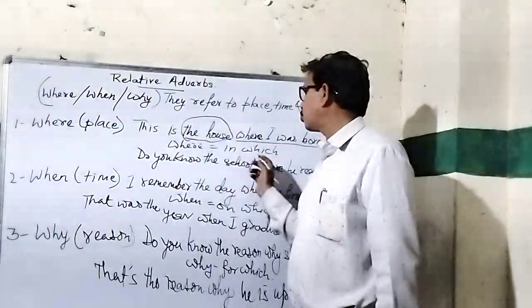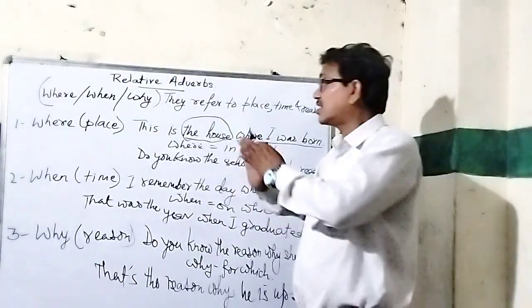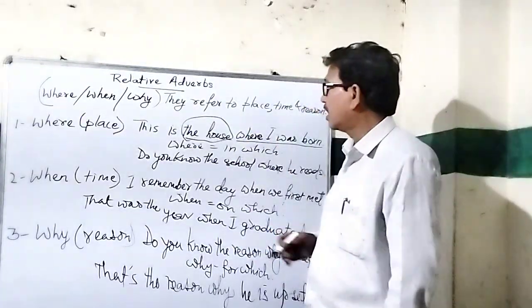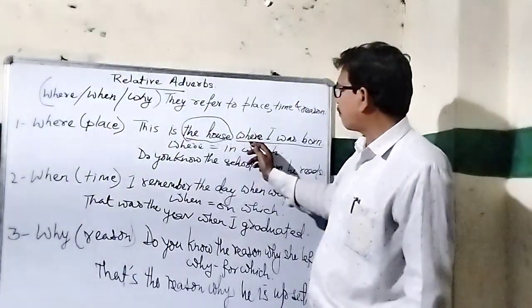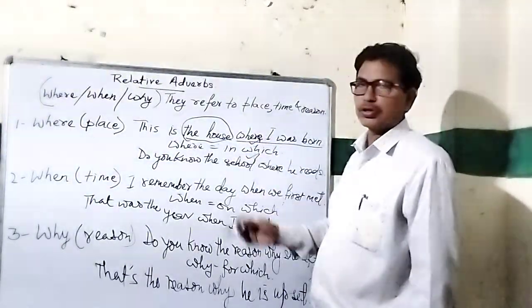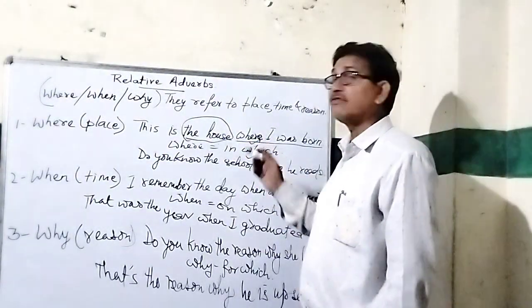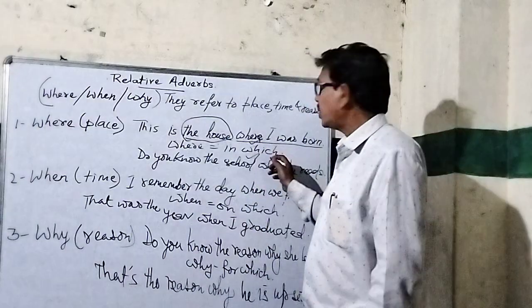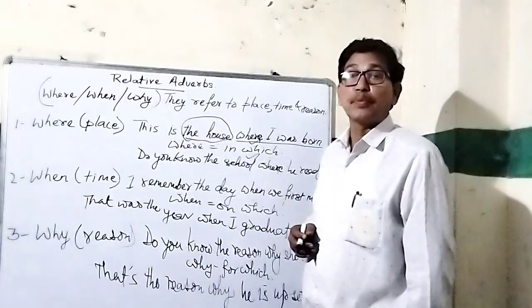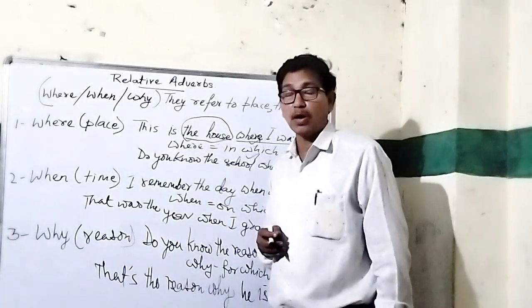Sometimes where is equal to in which also, because the same sentence can be used as this is the house in which I was born. So in place of where, I can use in which also. But when I use in which, because which is a pronoun, this is a relative pronoun.